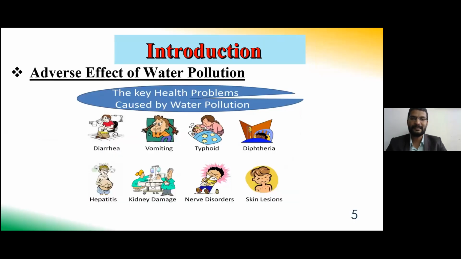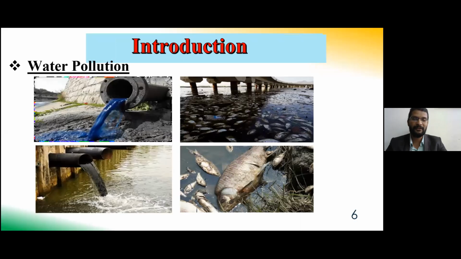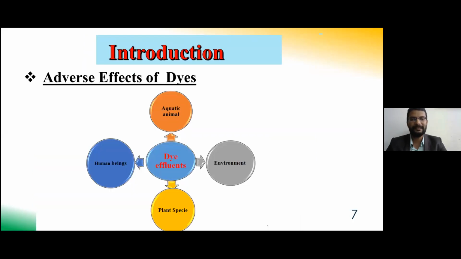These have an adverse effect on human health and also on aquatic life. Aquatic life is mostly affected by textile effluent drained into water sources without treatment. Dyes affect the environment, plant species, human beings and aquatic animals.